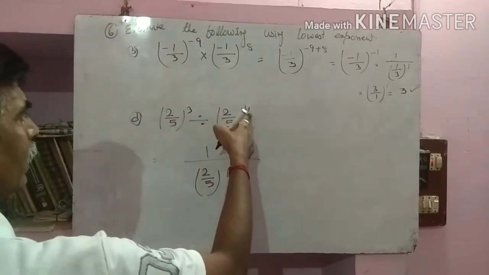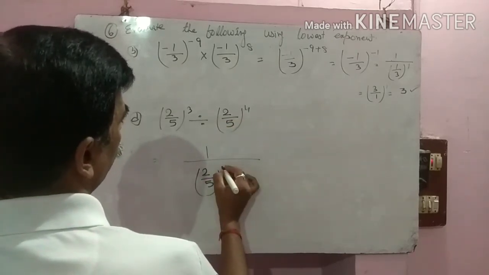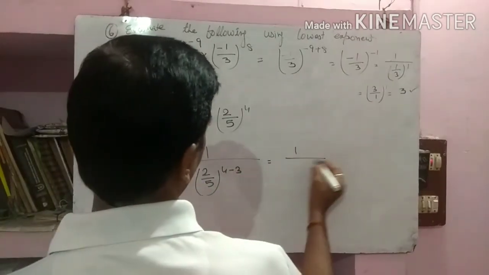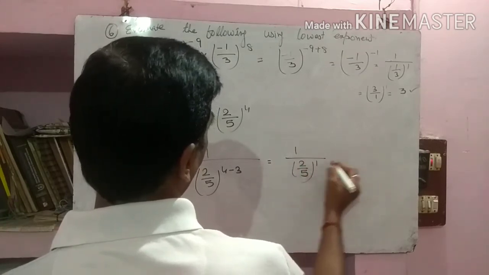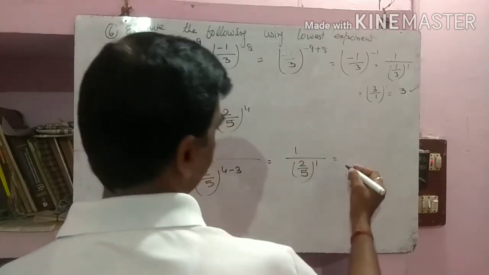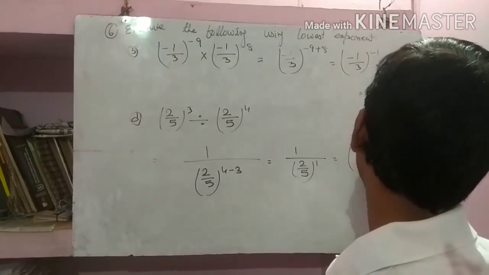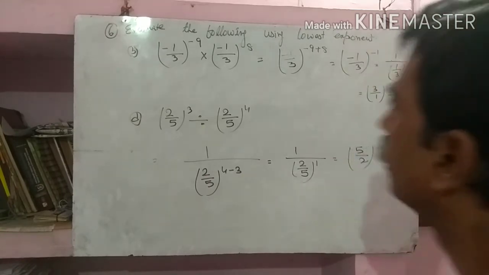If n is greater, then it will be n minus m, means 4 minus 3. So what, 1 by 2 by 5 to the power 1. So it will be 5 by 2 to the power 1, or 5 by 2. Okay.